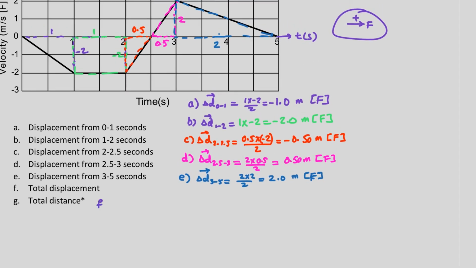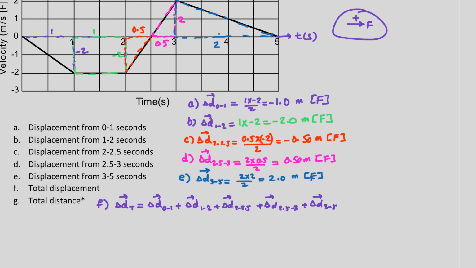So part F, total displacement will equal the displacement from 0 to 1 seconds plus the displacement from 1 to 2 seconds plus the displacement from 2 to 2.5 plus the displacement from 2.5 to 3 plus the displacement 3 to 5, and I will put my arrows.